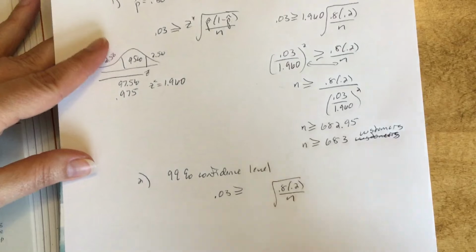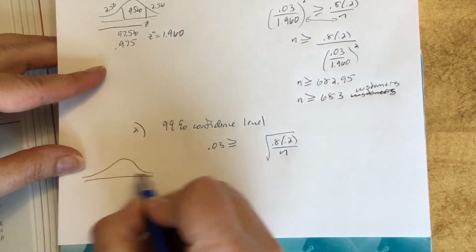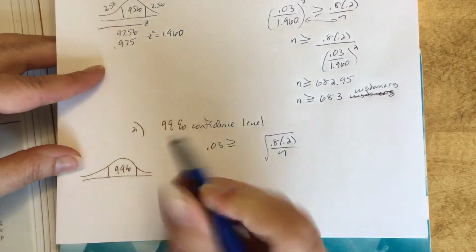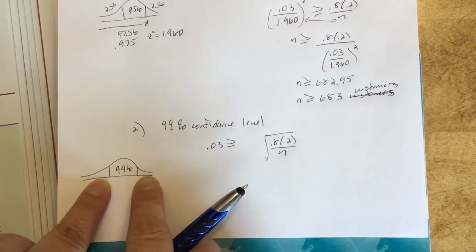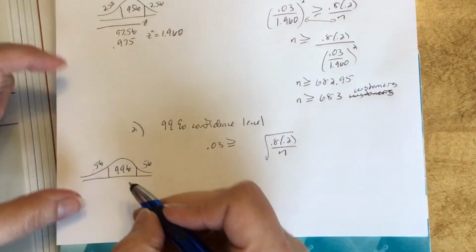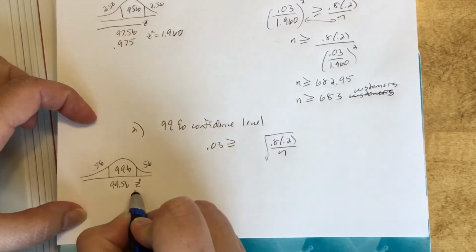Okay, so let's come over here and figure out our critical z for 99%. So again, if this is 99% in the middle, this is 1% in the tails, so each of them is 0.5%. So this would be 99.5% from that z-score on.